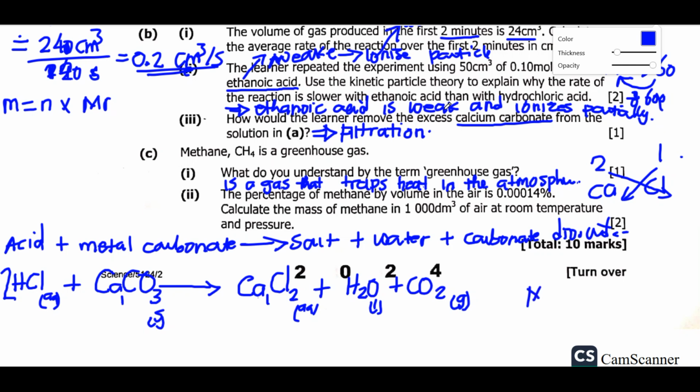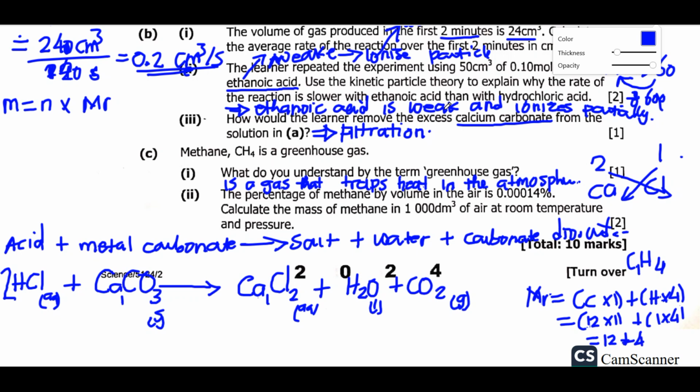So we'll say molar mass, Mr, from CH4, there is one atom of carbon. So carbon multiplied by 1 plus hydrogen times 4. The mass number for carbon is 12 times 1 plus 1 times 4. So 12 plus 4 giving us 16. So 16 is the molar mass for methane.